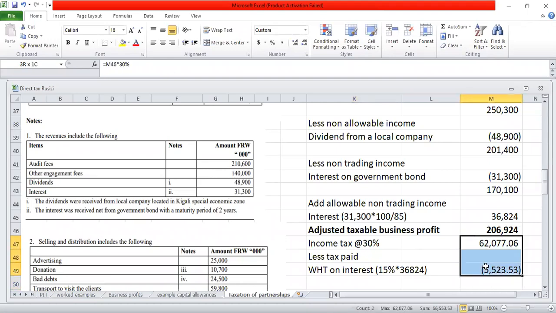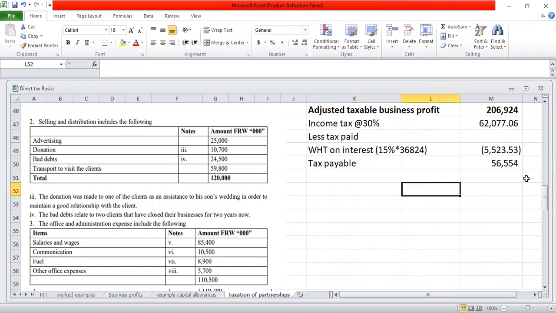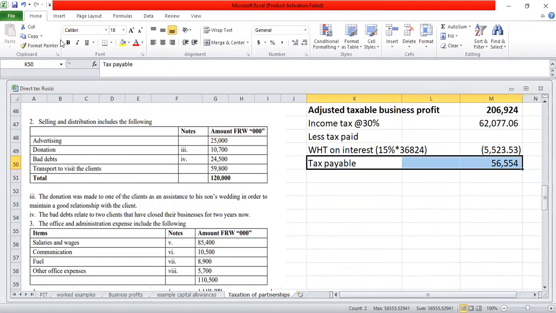So this is going to give me now the tax payable. That is going to be the tax payable.